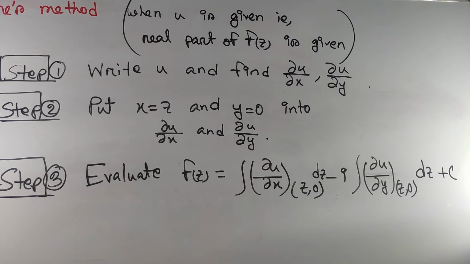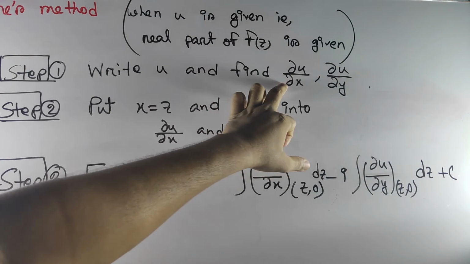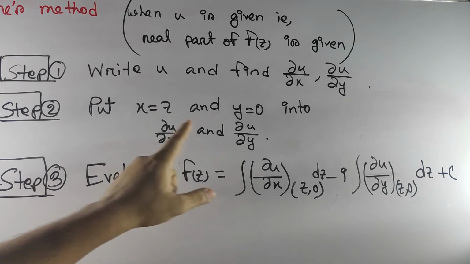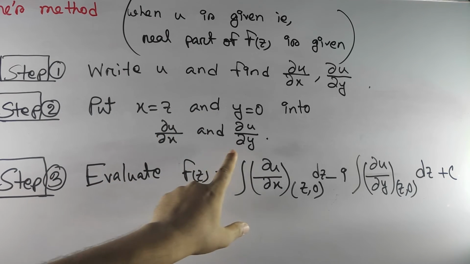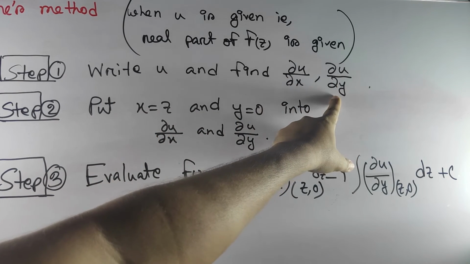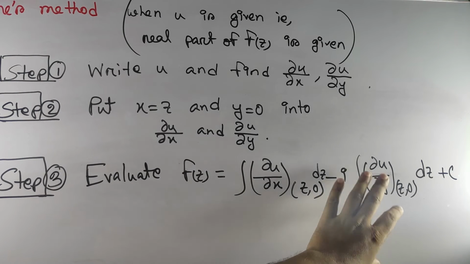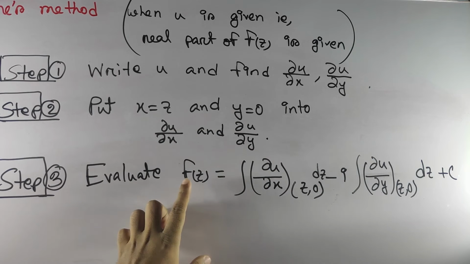Here c is an arbitrary constant. So I repeat, students, at first we will write u and find del u del x and del u del y, and put x equal z and y equal 0 in these two. Then we will integrate, and after integrating we will get f(z).